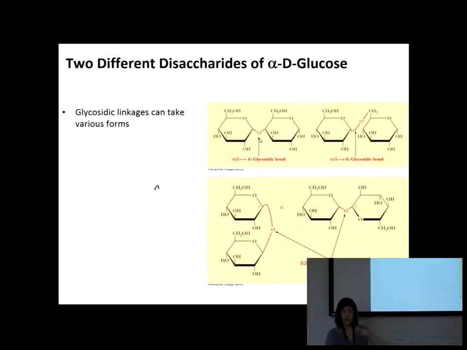This one's pointing down, so we're going to call that alpha. Then you number the carbons that are involved in that glycosidic bond. You first number the one that has the anomeric carbon involved, so that's carbon number 1 in this case, and then the other sugar. So this is alpha 1,4.